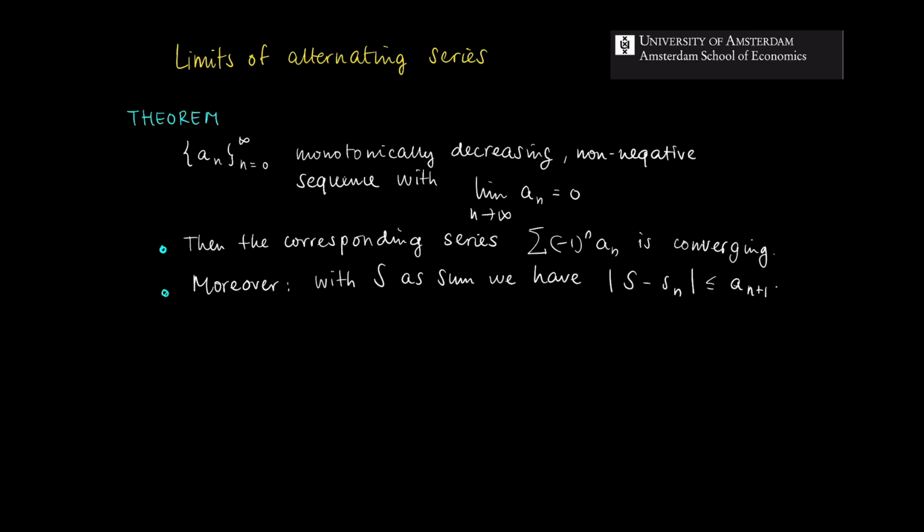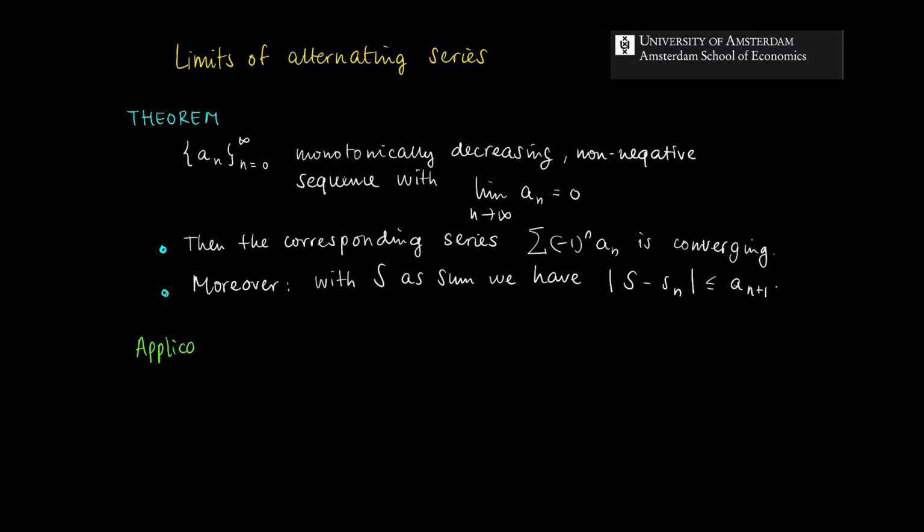And that's a very nice property. Suppose we would know S_99, and we would know that a_100 is 1 over 1,000. Then we would immediately know that S_99 is, as an approximation, closer to S than 1 over 1,000.